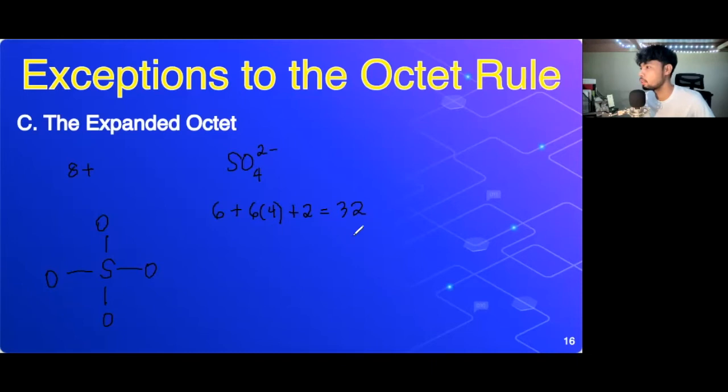Since we have 32 valence electrons, we still have to add 24 electrons. So we're going to add 3 lone pairs to each of the oxygen atoms. That will give us a total of 24 electrons. There is also another Lewis structure for the sulfate ion.